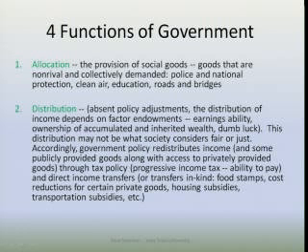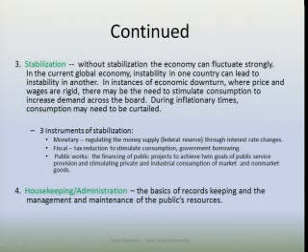Stabilization: government needs to stabilize the economy. The economy can fluctuate strongly. Economies always will go into recessions. There is no way to prevent it. It is part of the market cycle. It's part of capitalism. And in the current economy, instability in one country can lead to instability in another.